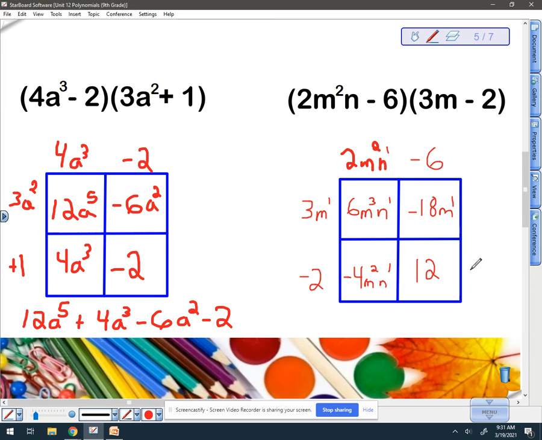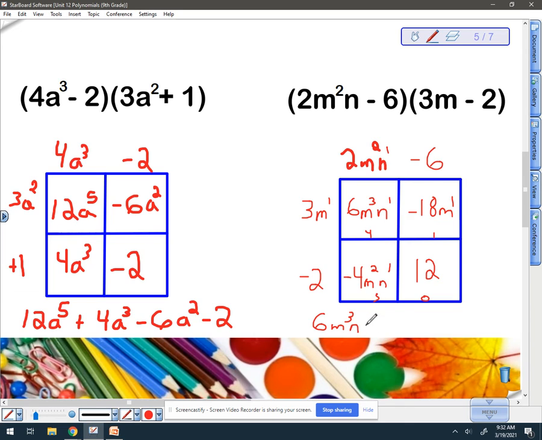Now we need to write it in standard form. So if we take a look, 3 plus 1, so this has a degree of 4. That's a 1, so that has a degree of 1. 2 and a 1, that has a degree of 3. And there's nothing there, so that's a degree of 0. So put them in order. So we go 6, m to the third, n to the first, so you just leave it as n.